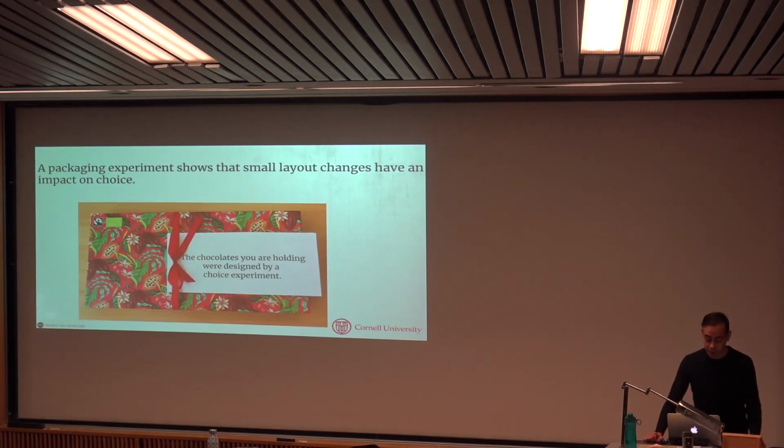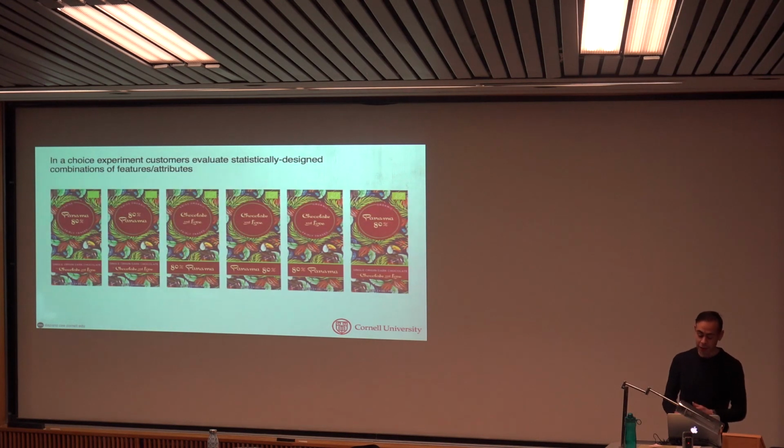Another example of something I would have loved to have done myself, but I didn't. This is another example where they use choice modeling to design the optimal packaging of chocolates. In this study, people saw different packaging options that featured or highlighted different attributes.